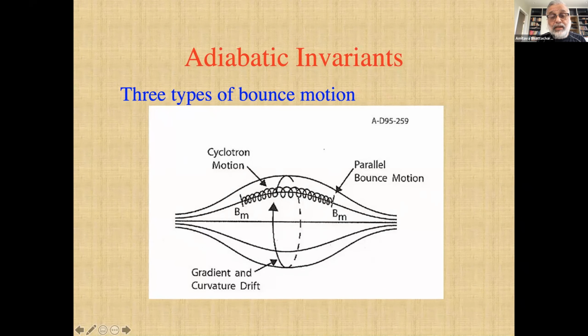And so there are three types of bounce motions. The parallel motion, because if the parallel velocity of the particle is not large enough, the particle will be confined between the throats of the mirror and have this sort of a gradient and curvature drift at the same time.